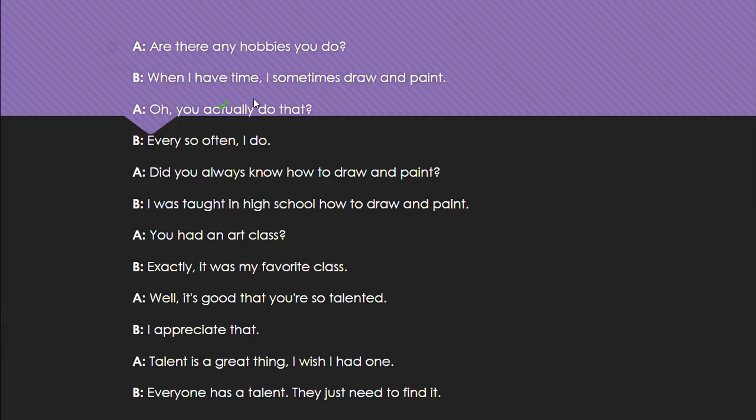The other one that is always a little bit complicated for the learners is this one, often. In this word, the letter T has no sound. So we pronounce it often. That is the correct pronunciation, often. The other one, this one, talked.